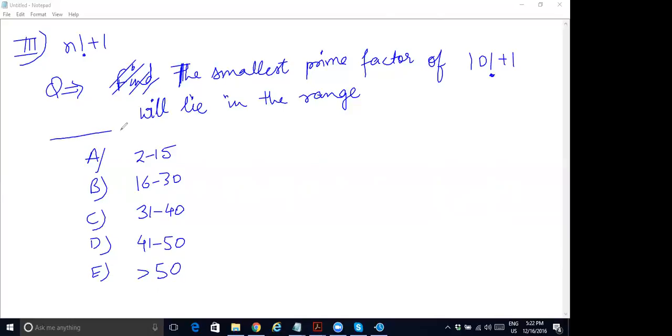The answer choices will change, obviously. The reason why 50 factorial is used is that you should not be able to calculate and find the value of 10 factorial. If the value can be found, then the purpose of this question gets defeated. You have to figure out the logic behind this.